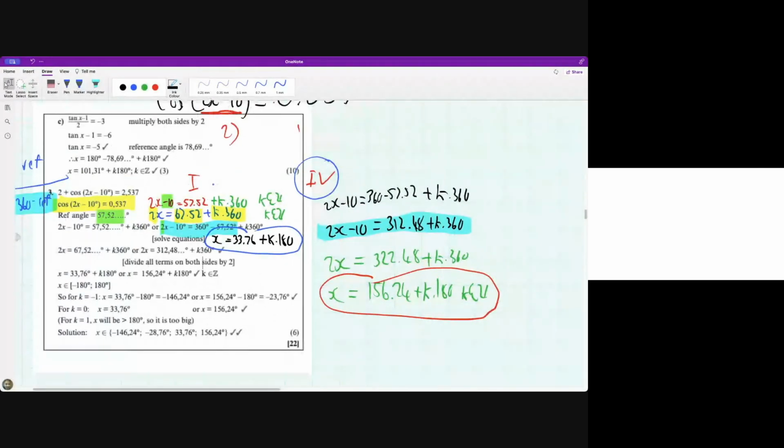Okay, now, last thing. At the very beginning, it said, I only want solutions between minus 180 and plus 180. So at the very bottom here, you will notice that they take these general solutions and they put in a value of -1 for k there, and the same thing here.